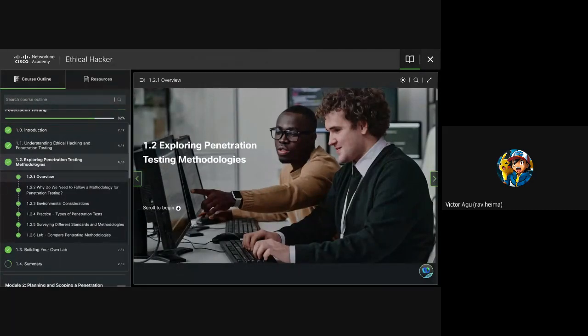When carrying out a penetration test, the environmental considerations are that the tools you need to penetrate a network infrastructure will differ from the ones you use for web-based applications and so on.